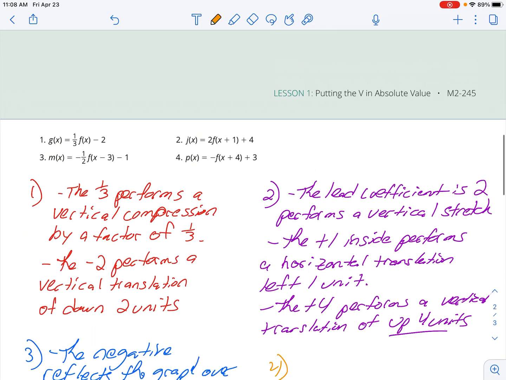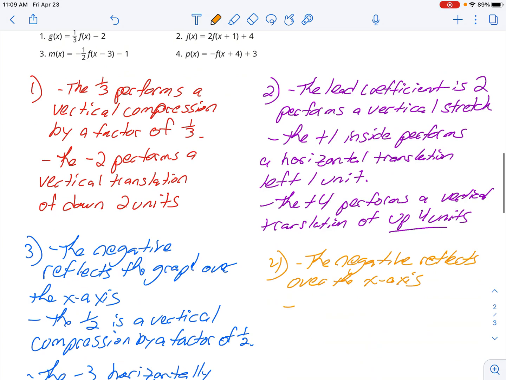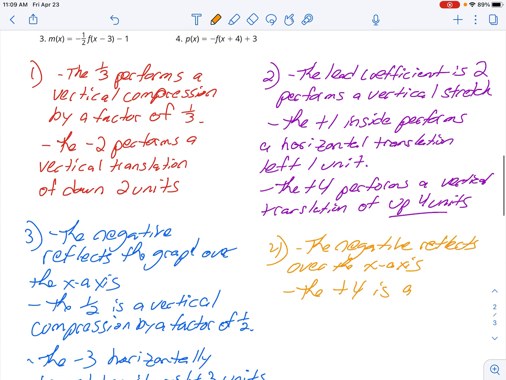And then number 4, all right, negative on the outside, so the same thing. The negative reflects it over the x-axis. The +4 on the inside is a horizontal translation because it's on the inside.